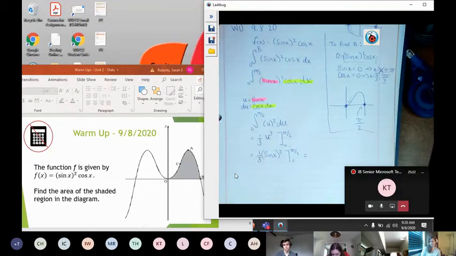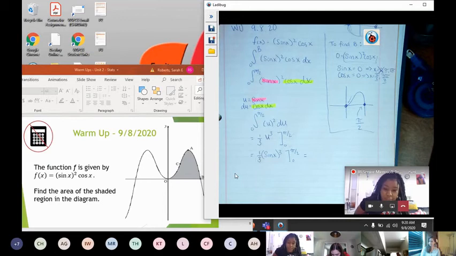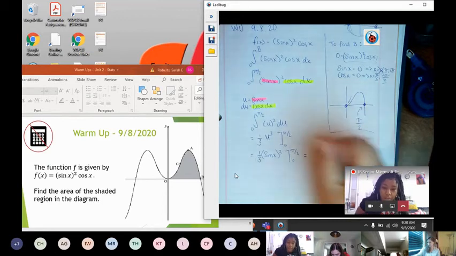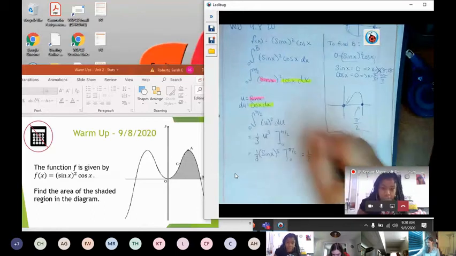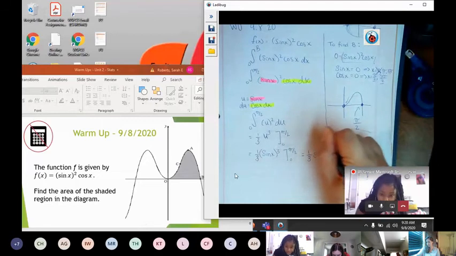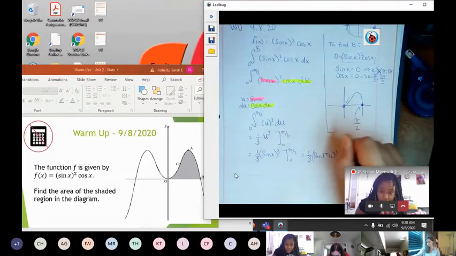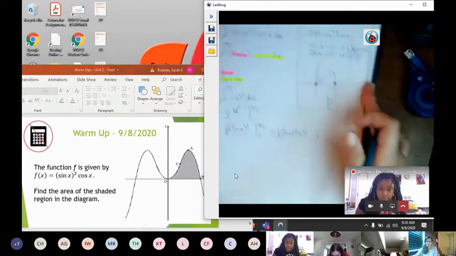You can set up the equation. So it's going to be 1/3 sine. Would it be pi over 2 first? Yeah. Cubed minus 1/3 sine 0 cubed.